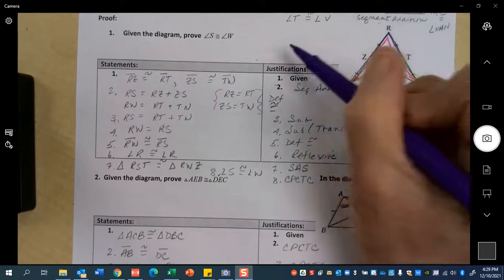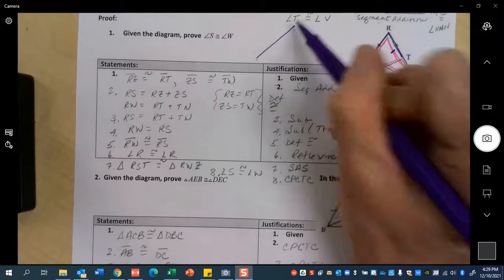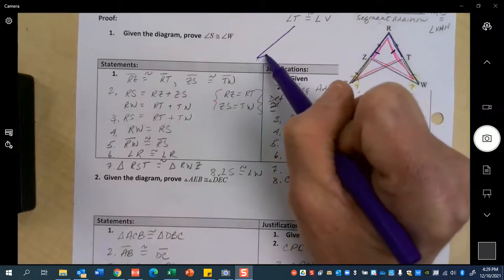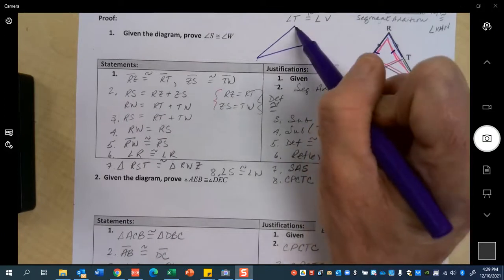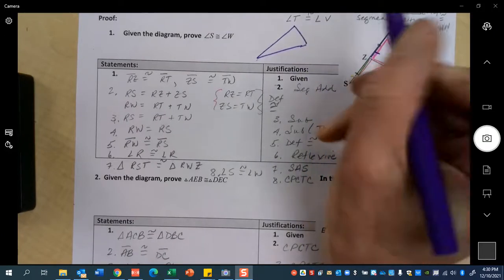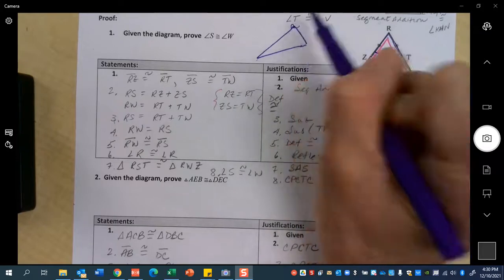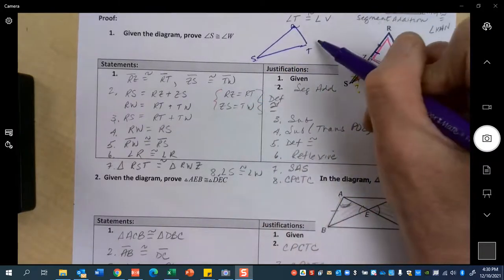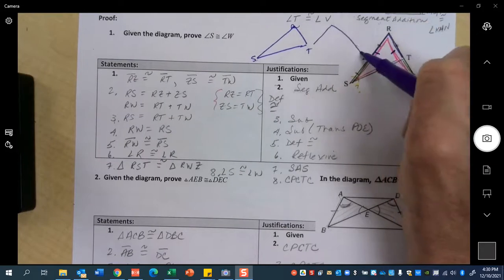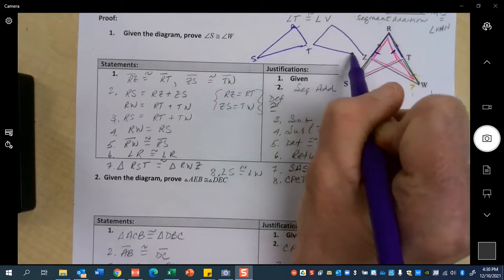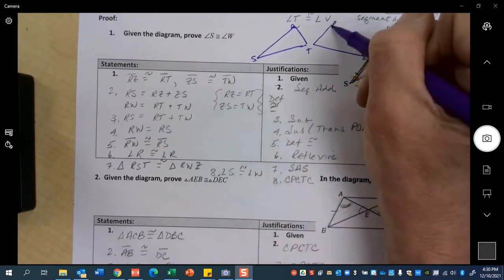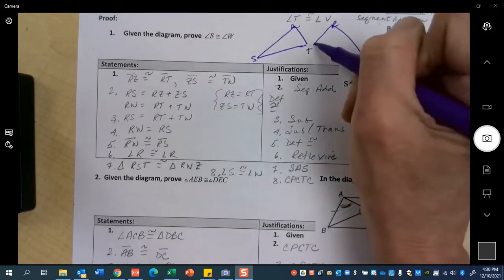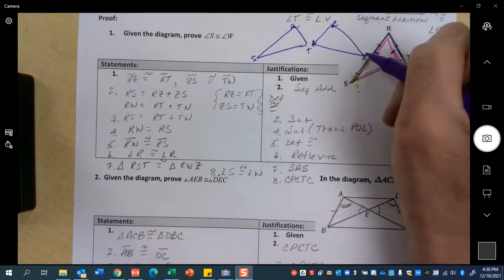So if it's easier for you to draw these triangles, this is triangle RST, and then I have this one, which we'll call RZW.